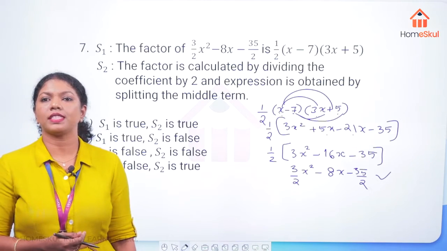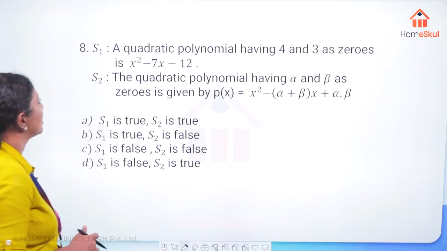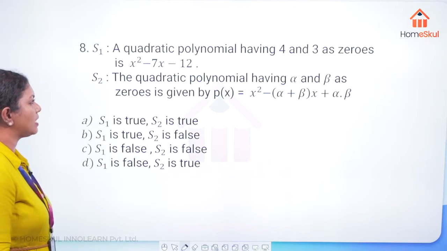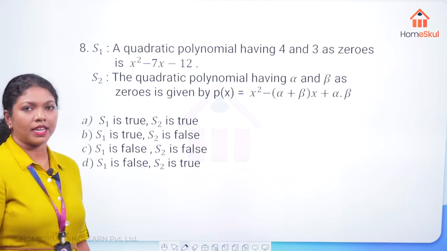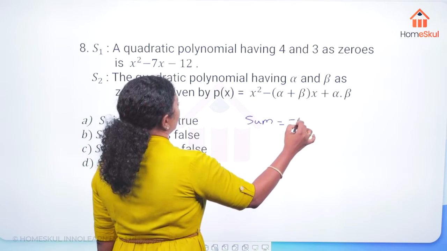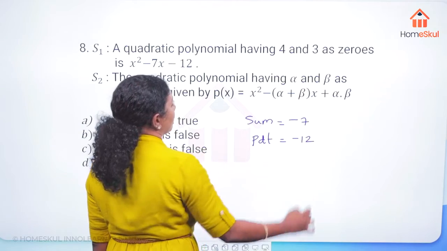Can I go to the next question? Are you convinced? Yes, ma'am. A quadratic polynomial having 4 and 3 as zeros is x square minus 7x minus 12. So if it is so, the sum should be minus 7 and the product should be minus 12.